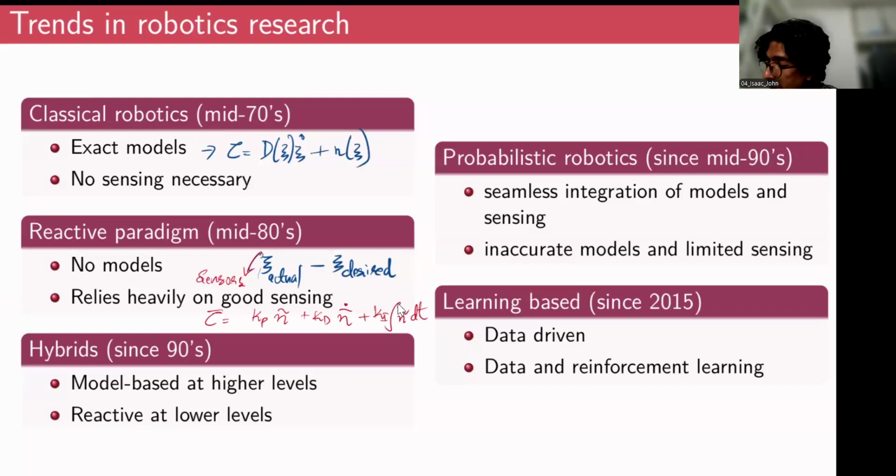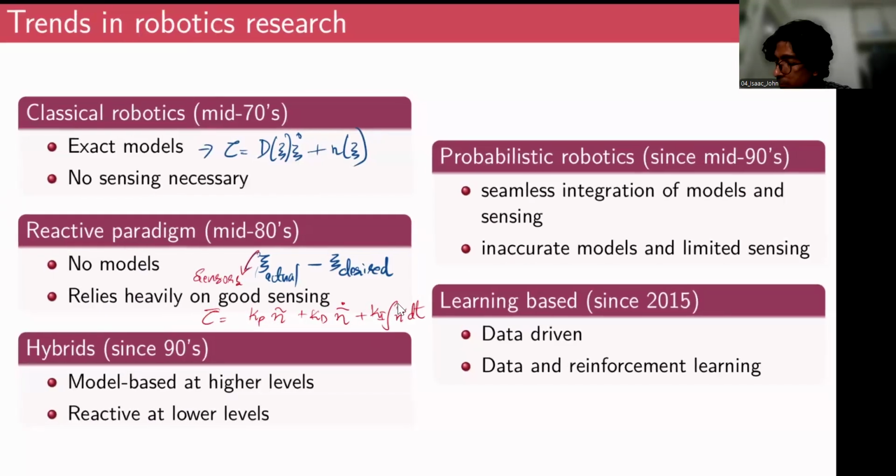Each of these terms will have varying influence on how a robot would react to this control input. The Kp term means the control input would be proportional to the error, and that proportionality constant is determined by the Kp value.